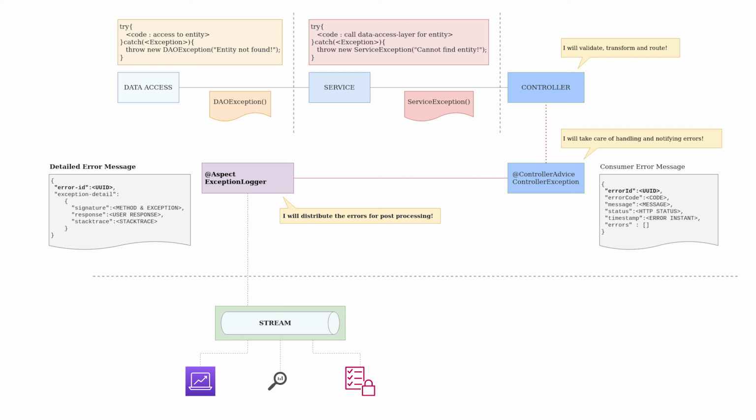In this implementation, the exception logger will implement around advice to catch the exception and construct this descriptive payload for analytics purposes. Specifically, you can see it has a link to the customer error with the error ID. So when a consumer raises a concern about a particular error, it will be easy to find the detailed log from whatever logging mechanism that you are having.